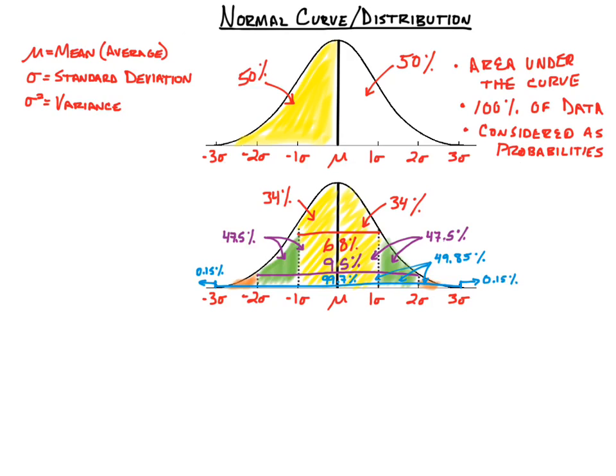So the notation that we use a lot of times when we're discussing a normal distribution of a random variable, this is kind of tying in with probability, is X, then this little squiggle is approximately normally distributed with a mean and a variance of some value.